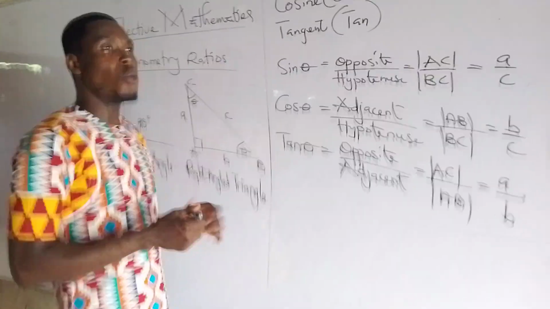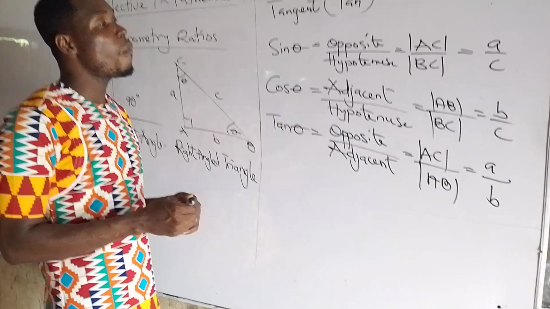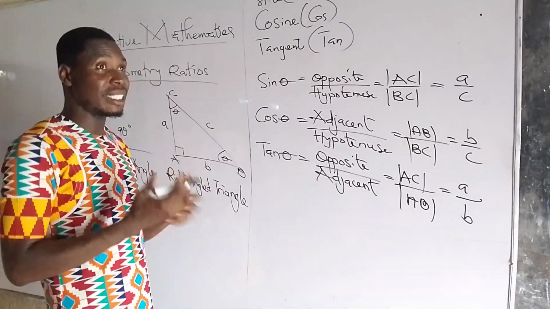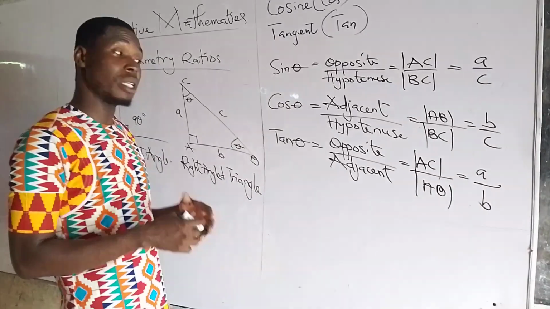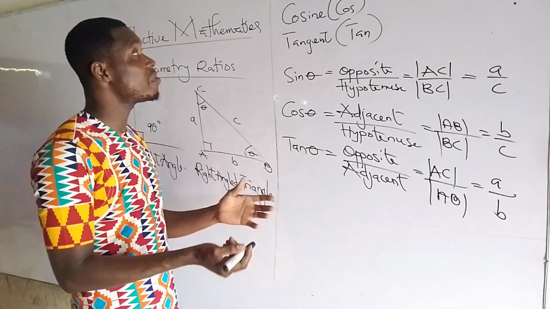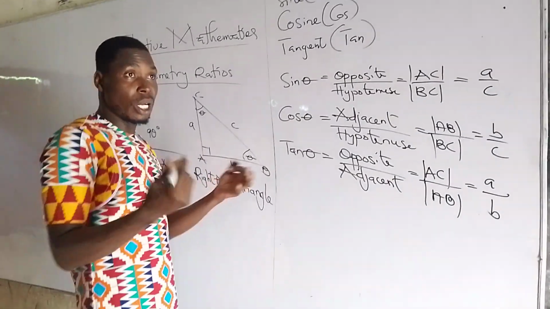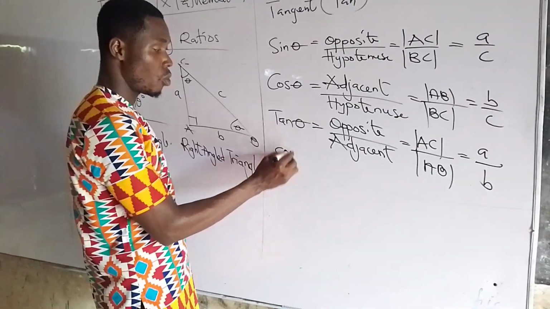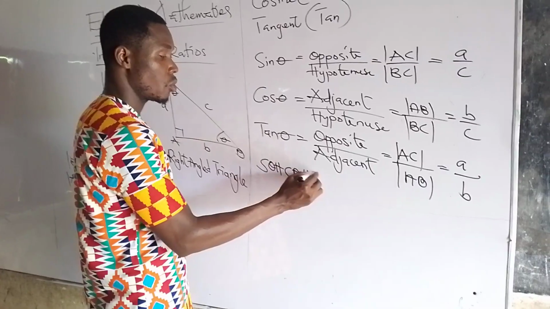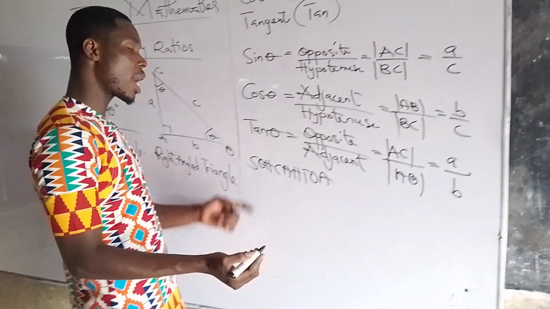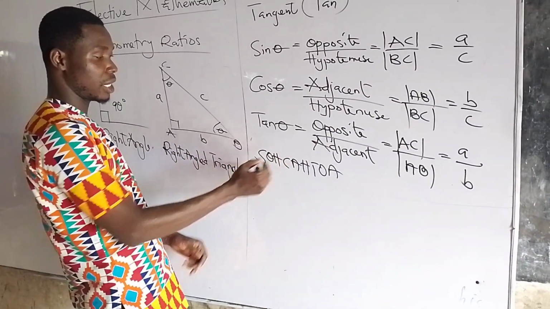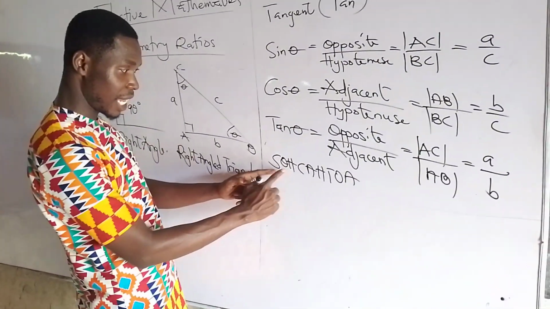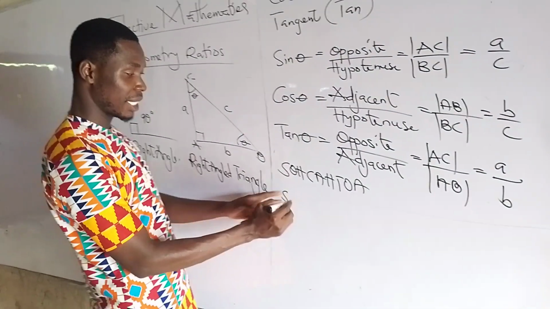So with this, people decided to make it easy for students by getting some acronyms, so that when they remember the acronyms, it becomes very easy. So they came out with what we call SOH CAH TOA. For SOH CAH TOA, the S stands for sine.